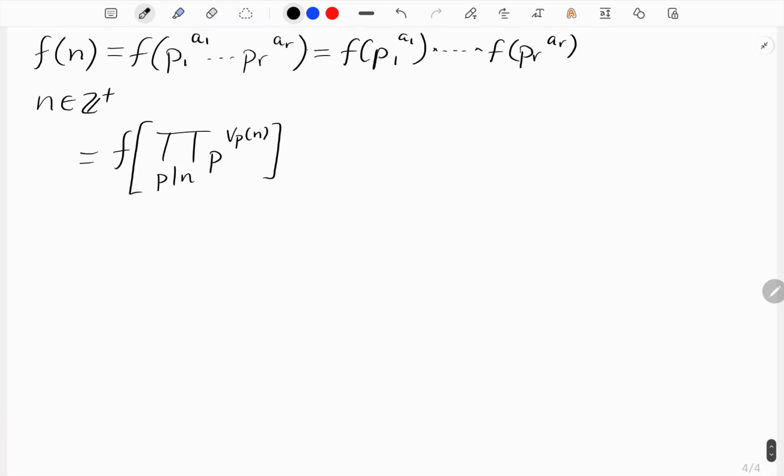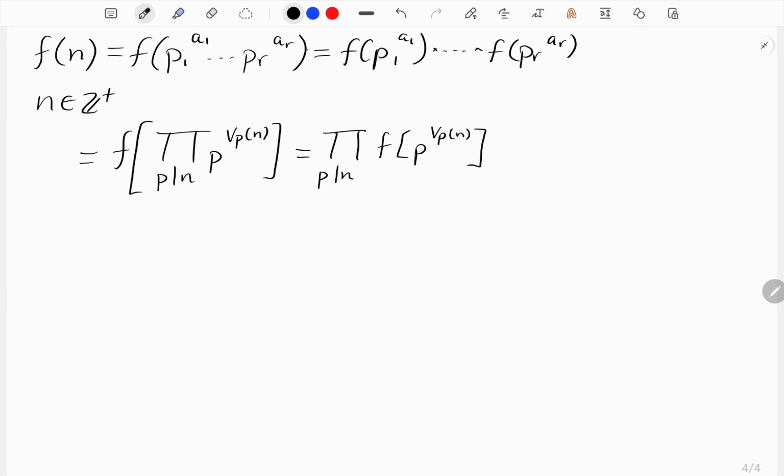So given this, because f is multiplicative, this is the same thing as the product over all the primes p that divide n of f of p to the valuation sub p of n. Okay.